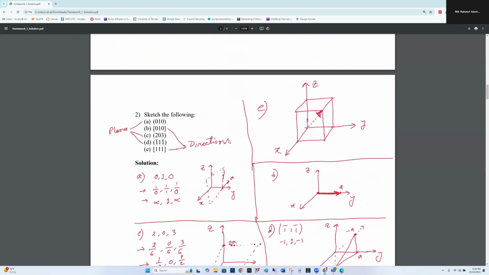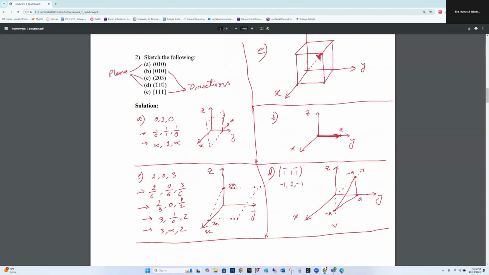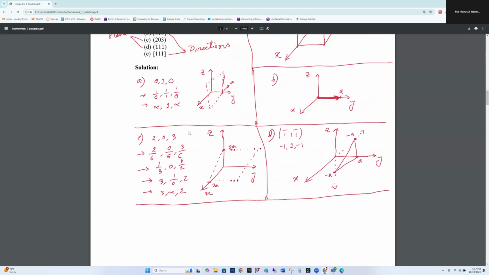So let's move to D. I have told you in the previous problem that 1 bar means -1. So 1 bar, 1, 1 bar means -1, 1, -1. You have to go through this process, but these are very simple.